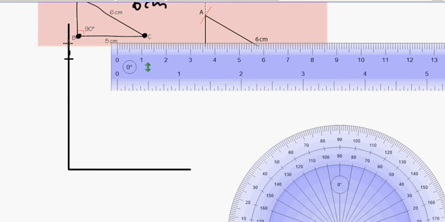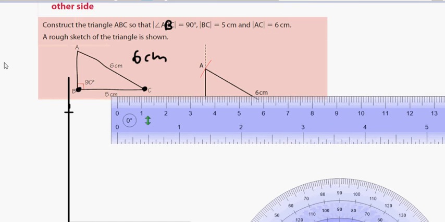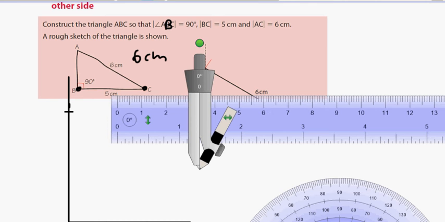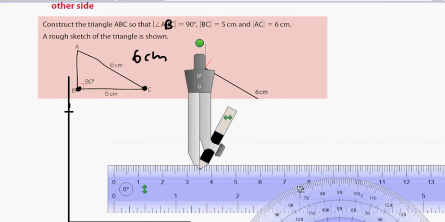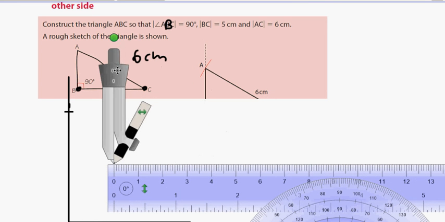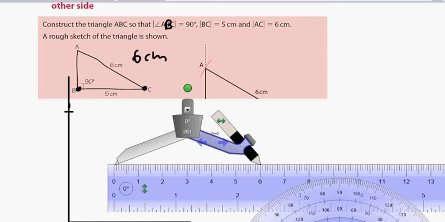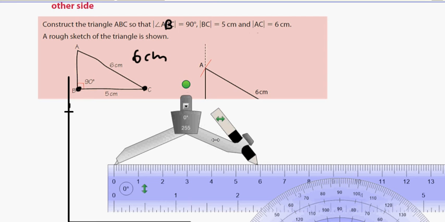Okay. Now that I've done that, what I next need to figure out is, I know the hypotenuse is 6 centimeters long. What I'm going to do is go and get my compass. Move this down here. Move this across. And I'm going to measure out 6 centimeters. Okay, 6 centimeters.